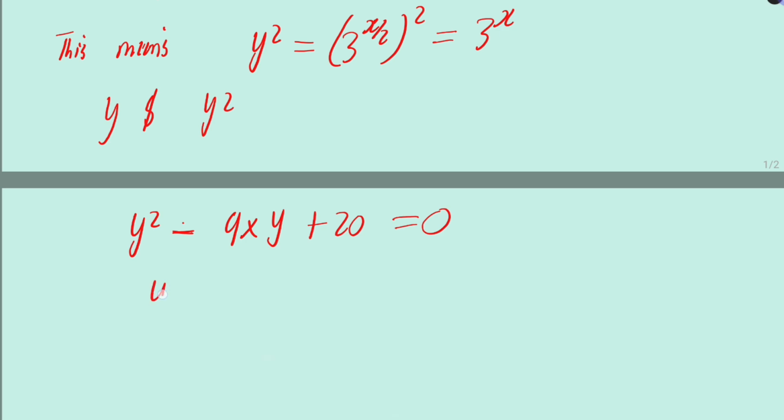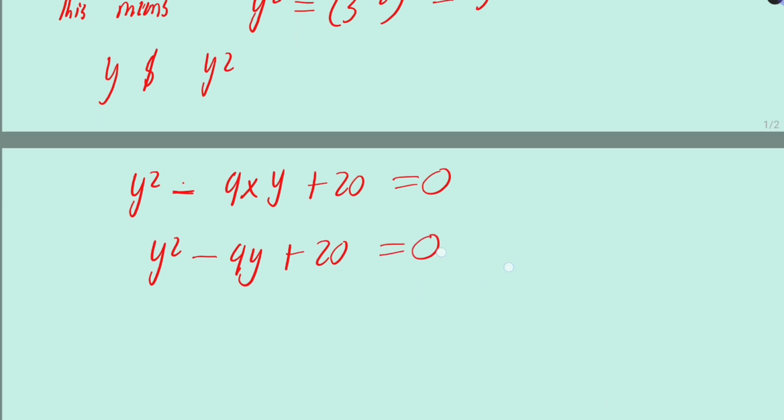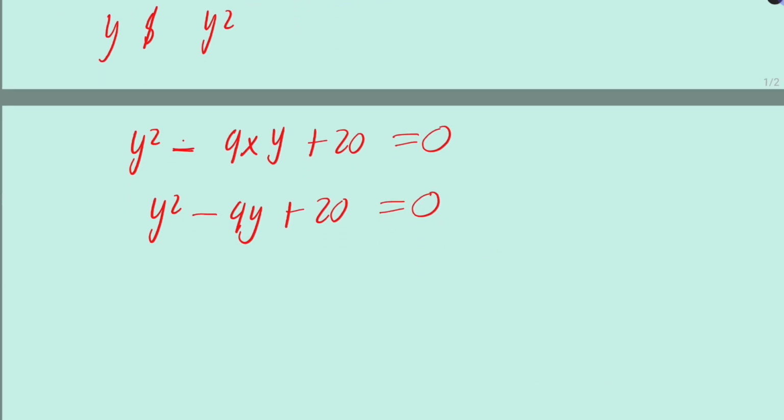So it gives us y squared minus 9y plus 20 should be equal to 0. This quadratic equation can be solved by factoring. We need two numbers that multiply to 20 and add to negative 9, and these two numbers are simply negative 4 and negative 5.